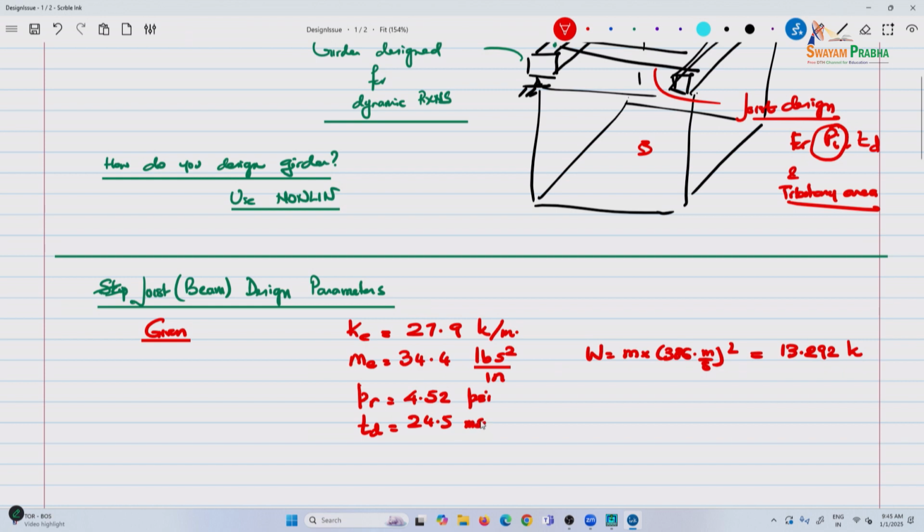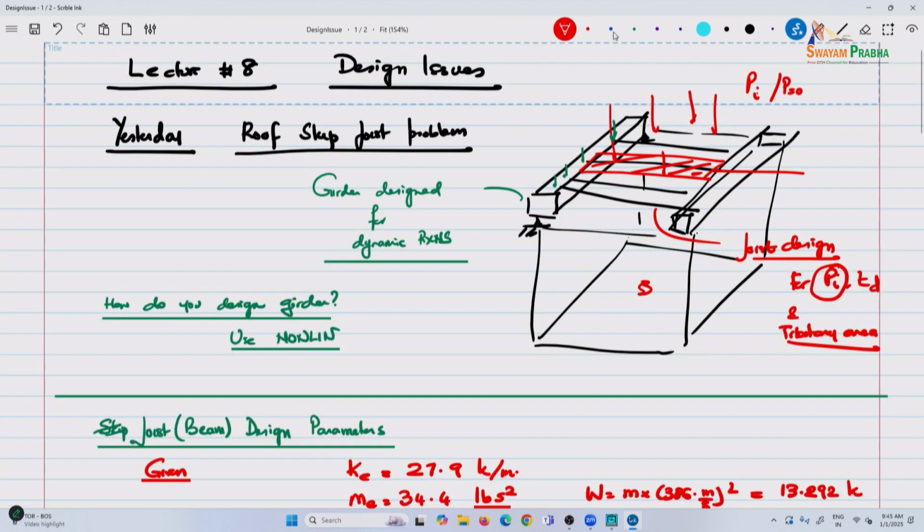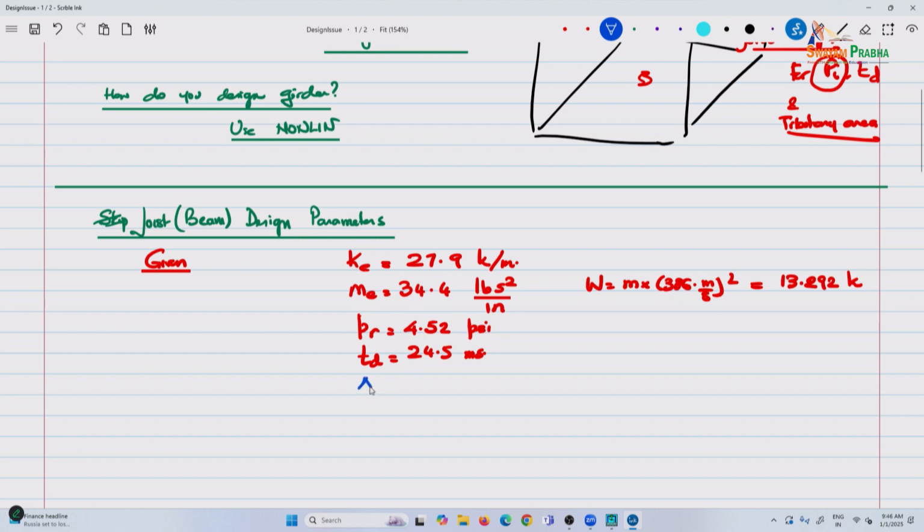and the area. So, in this case we had this tributary width was 6 feet, and this is 30 feet, sorry, 6 feet and 30 feet. So, the tributary area was 30 and 6, which is 25,920 inches square, and Rn, this was for the capacity of the joist in flexure.